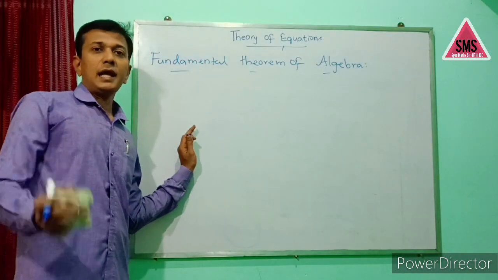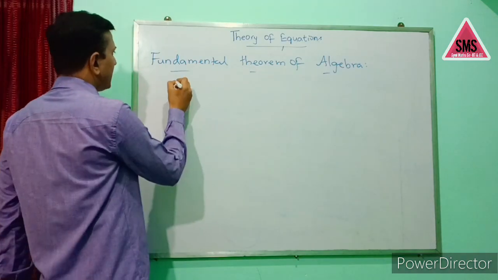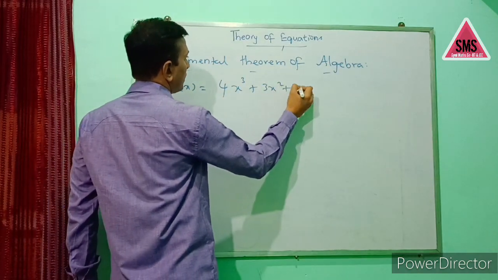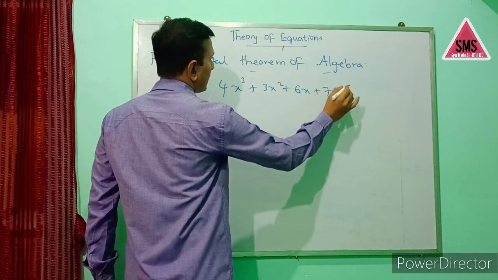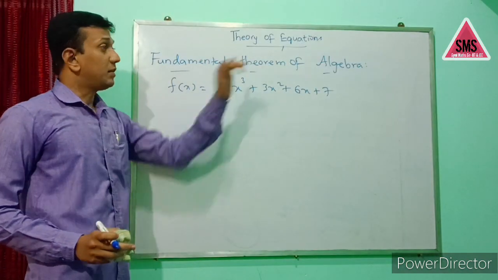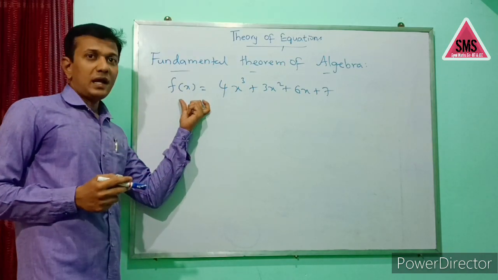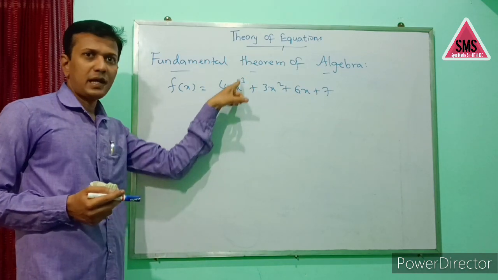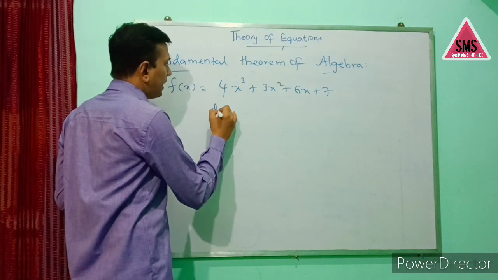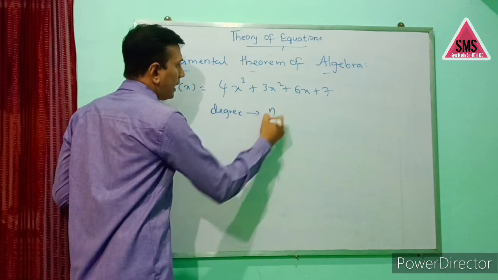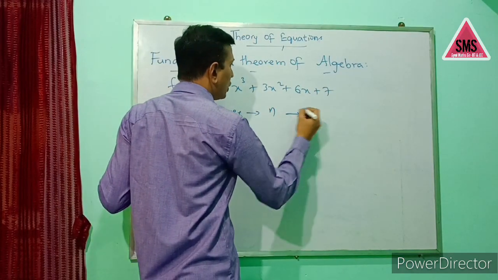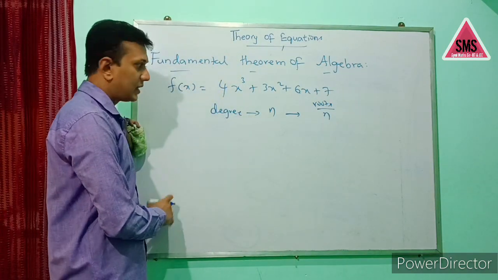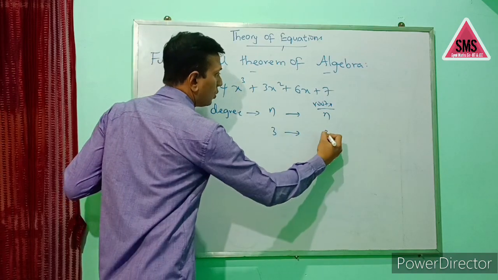It states that for any polynomial, suppose I have a polynomial f of x as 4x cube plus 3x square plus 6x plus 7, if f of x is a polynomial of degree n, but here the degree is 3, then the number of roots is n roots. That means if the degree is 3, then the roots are 3.